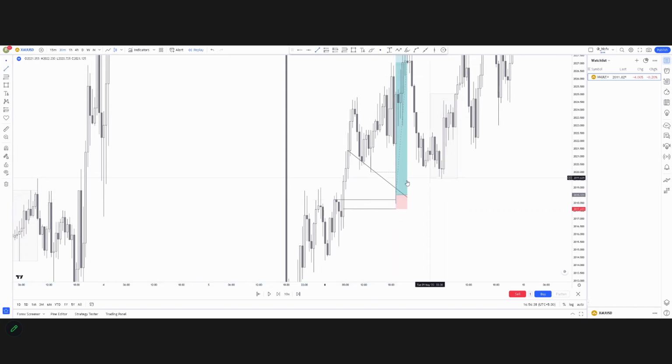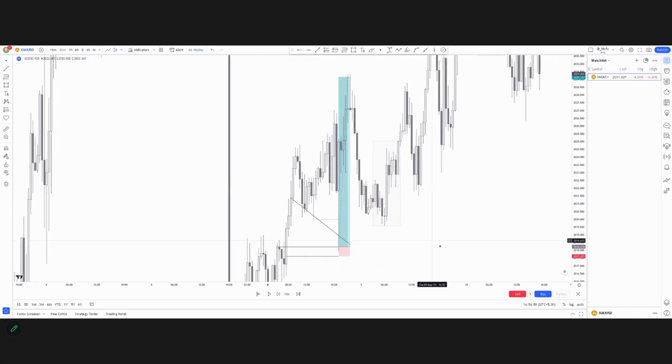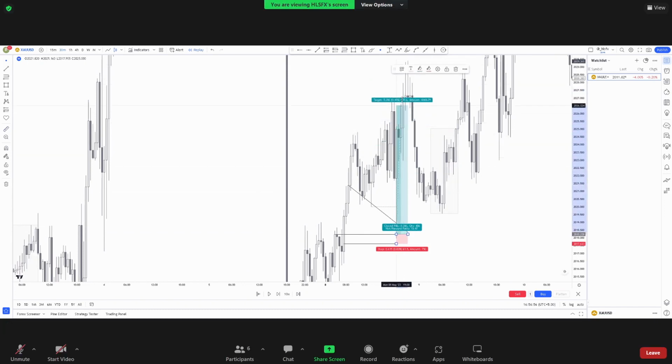Now this is a refinement. We call this concept MTF. Once it gives immediate rejections like that, you can break even your trade. And then, where is 1000?